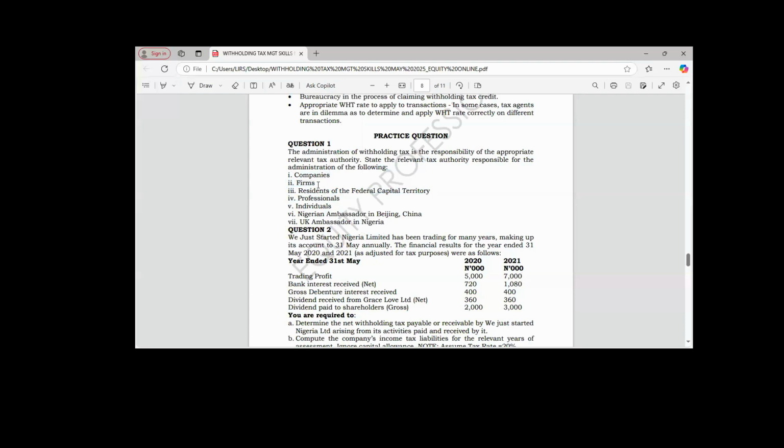Who will be responsible for the administration of withholding tax collected from firms?